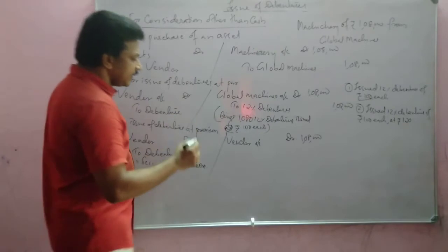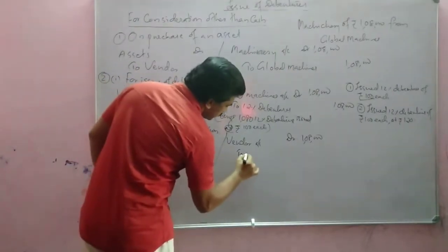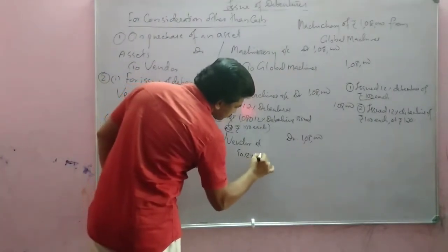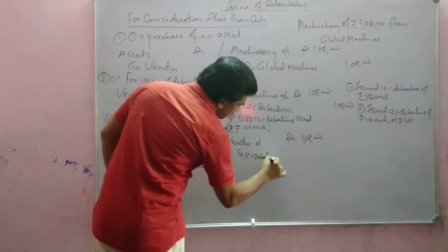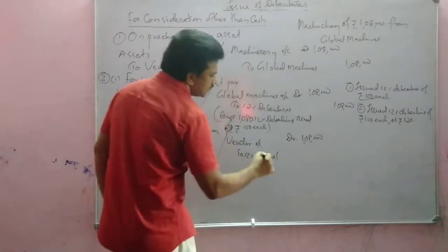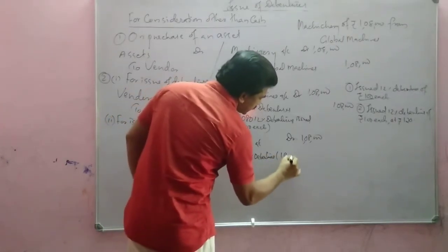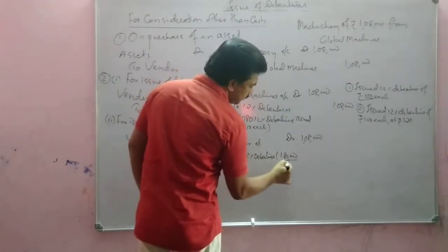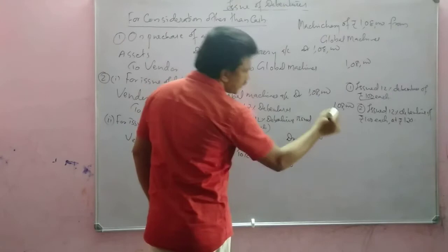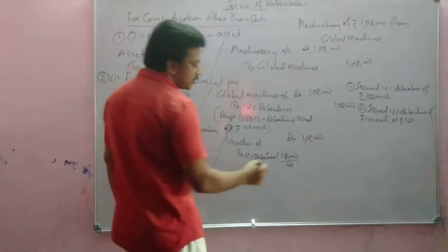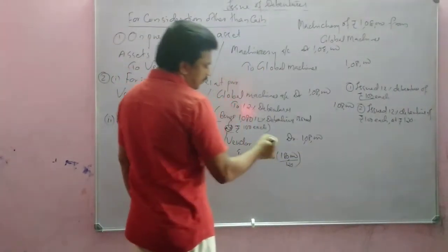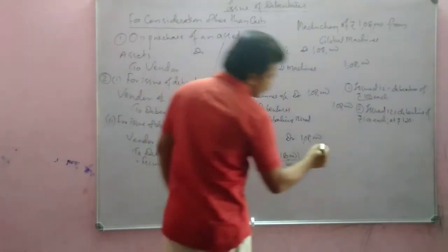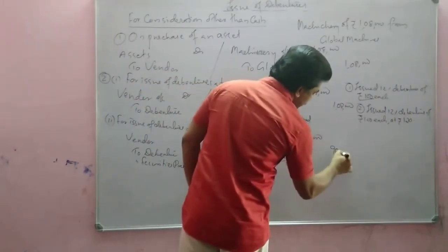Okay, then 12% debentures. How to calculate? 1,08,000 we have to pay to him. That is including premium because it is issuing at rupees 120. Then what will be the face value? Face value is 90,000.